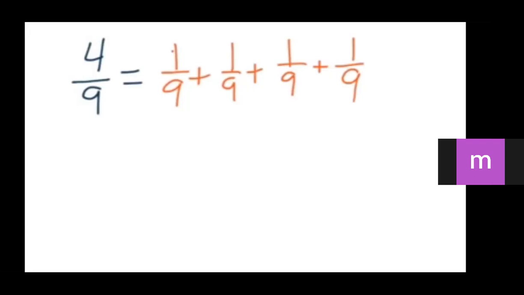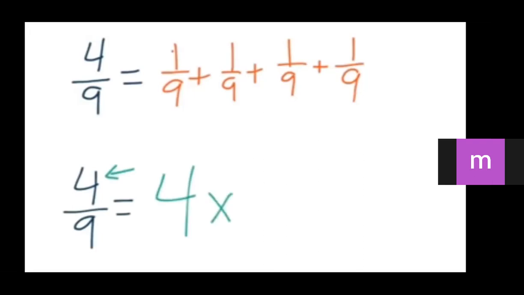So now we're going to write 4/9 as a whole number times a unit fraction. I look at my numerator and it's a 4. That means I need 4 unit fractions in order to get to 4/9, and I'm going to multiply it times my unit fraction of 1/9. And that's it. That's all there is to changing a fraction into a multiplication problem where we're taking a whole number and multiplying it times our unit fraction.